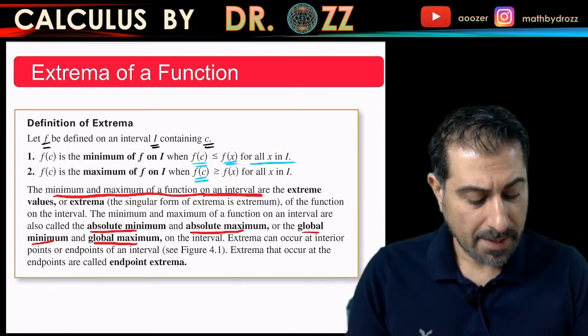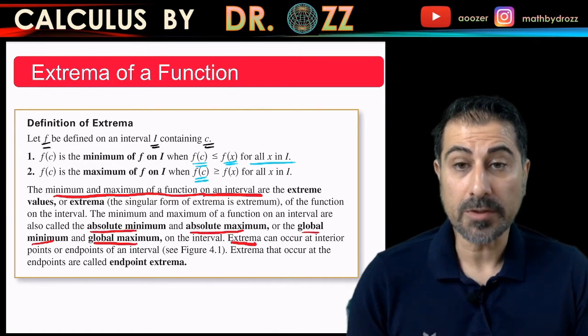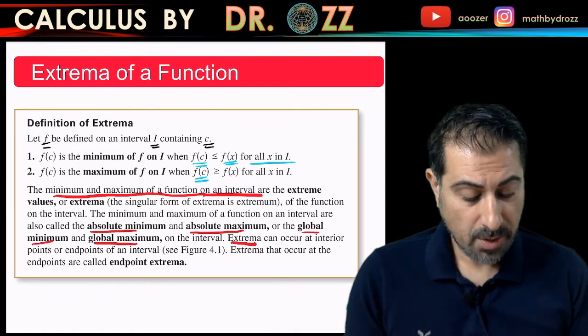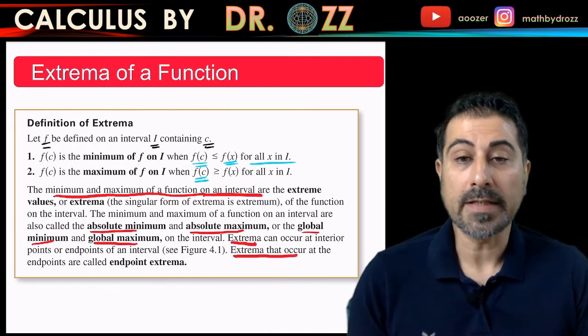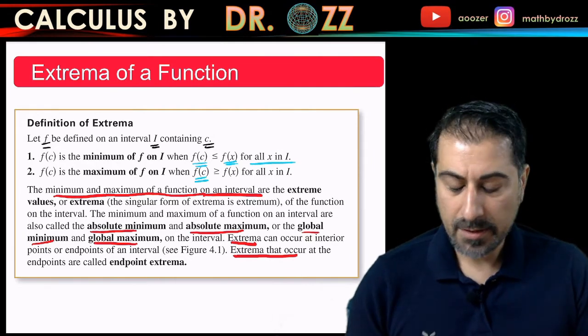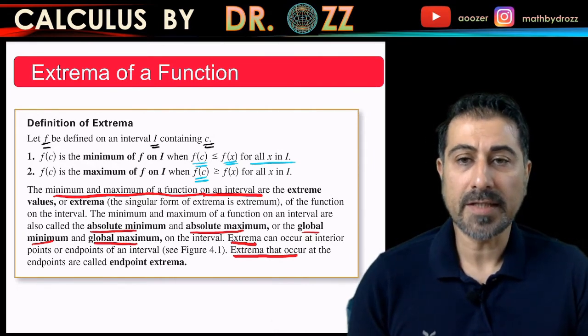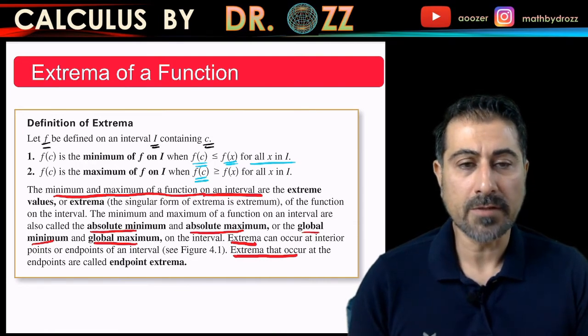Extrema can occur at interior points or endpoints. If extrema occur at the endpoints, these are called endpoint extrema. In this short video, we're going to investigate the extrema of a function on an interval.